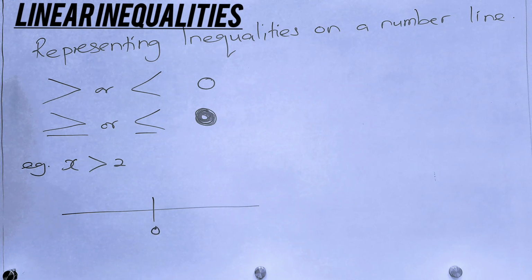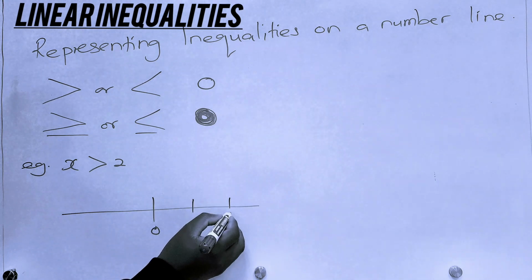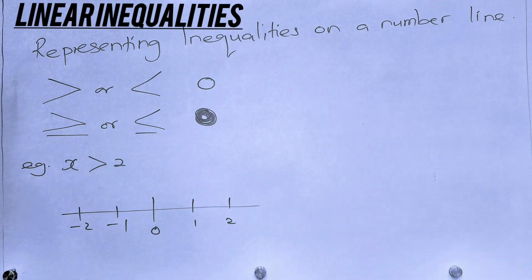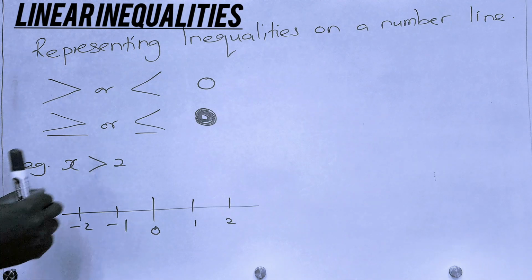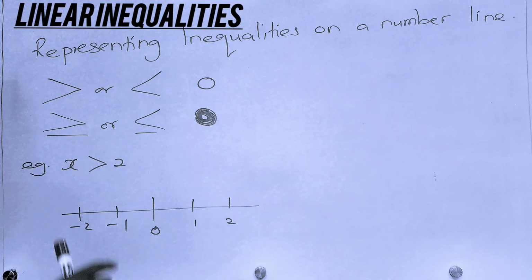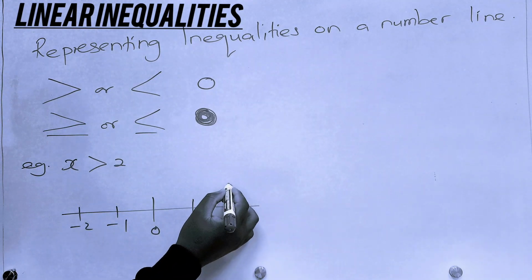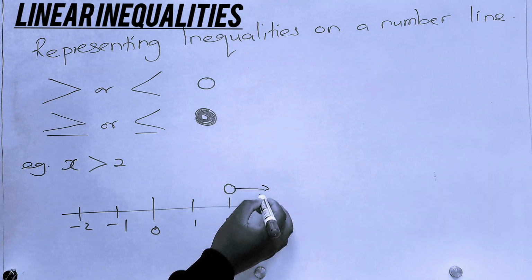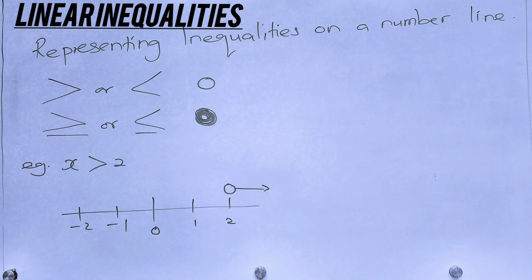Position 0, 1, 2, minus 1, minus 2. So our solution is starting at 2, going up. It's starting above 2. So you draw your circle like this. It's the greater than side, our right side. So you put an arrow like that. That's how we represent our solution.